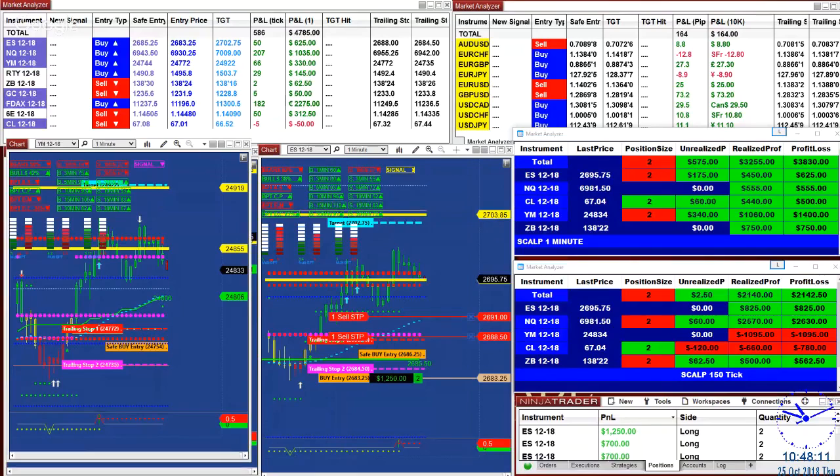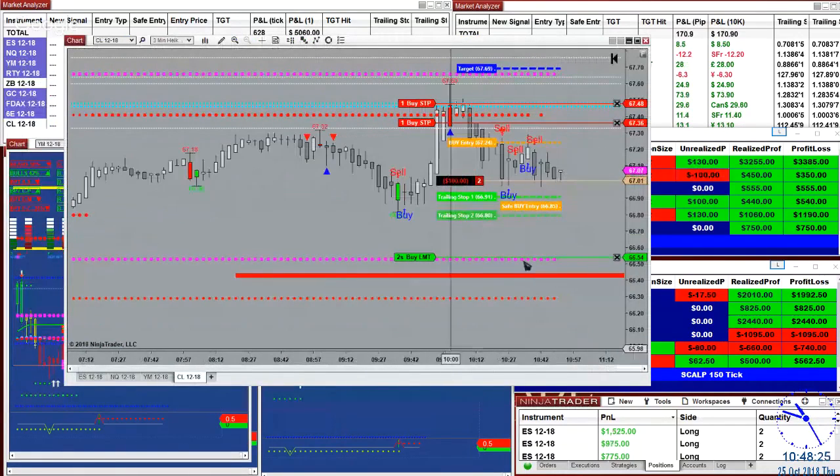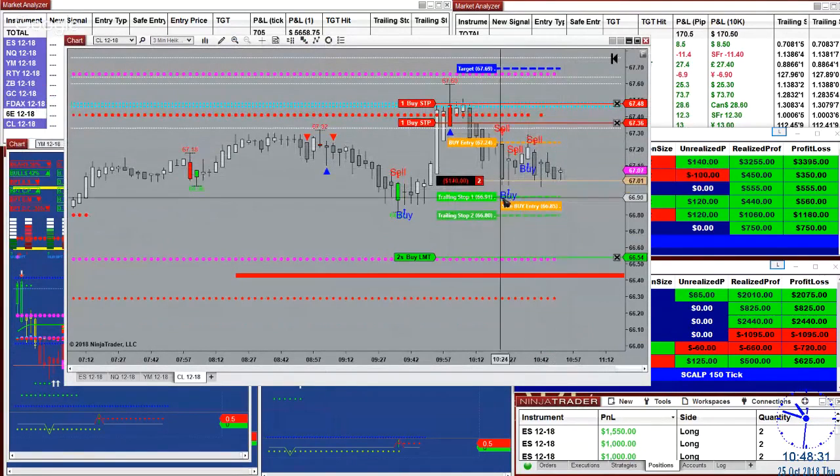So we have already on the CL, actually, we have three signals right after the others on the sell side, and it's not going anywhere.